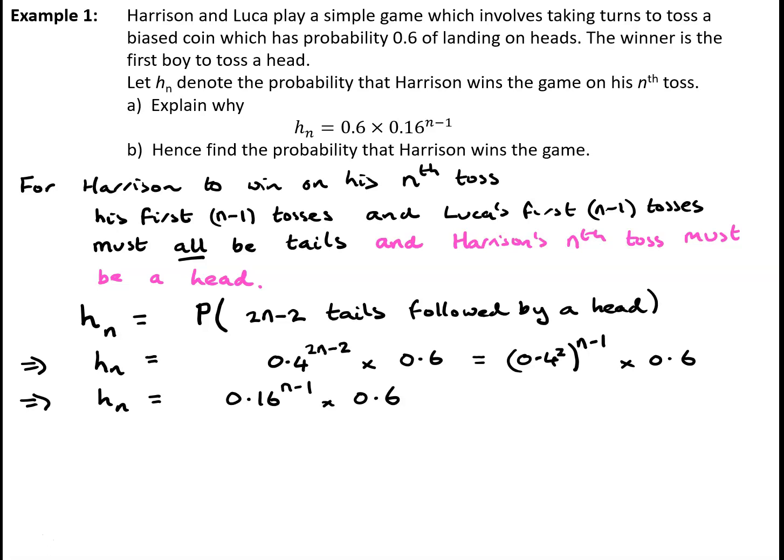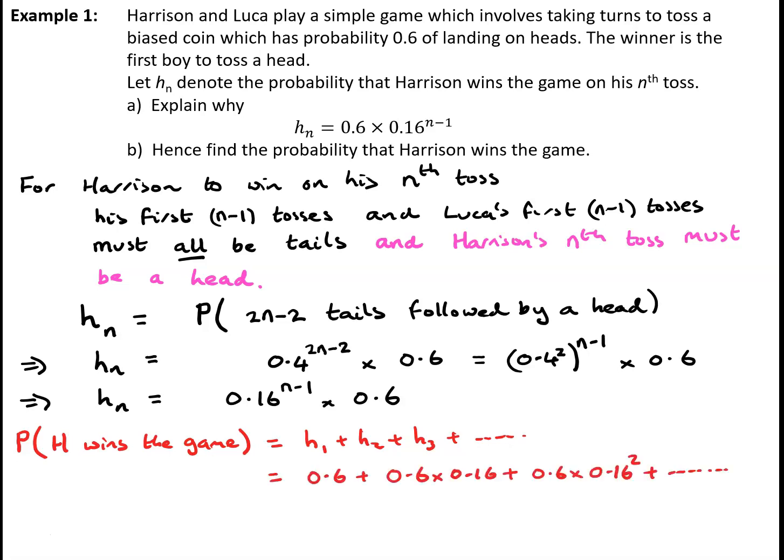The probability that Harrison wins the game is going to be the probability he wins on the first go, or the second go, or the third go, or the fourth go, etc., which is H1 plus H2 plus H3, etc. So the probability Harrison wins the game is 0.6 plus 0.6 times 0.16 plus 0.6 times 0.16 squared, and so on.